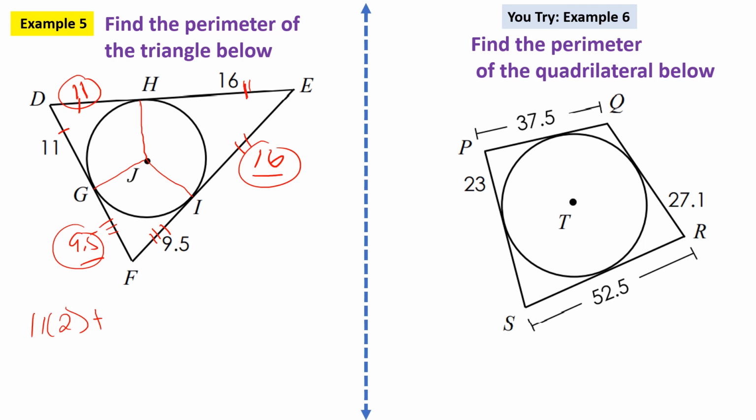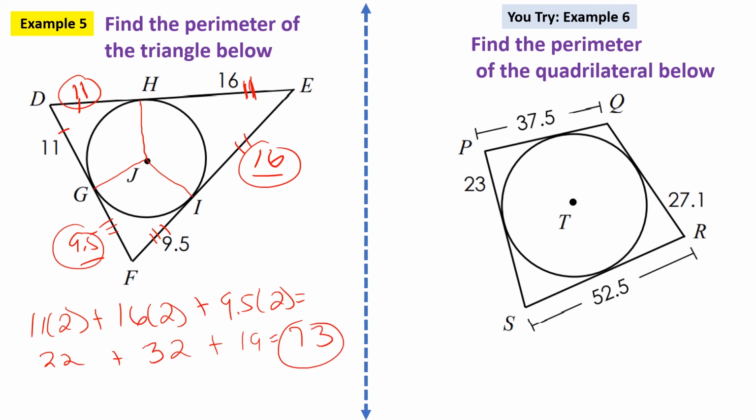This looks like an 11, but these are congruence marks. If I solve all of that together, that's 22 plus 32, right? And that's 19. Adding all of that together, I get 73. So the perimeter of the triangle DEF is 73.